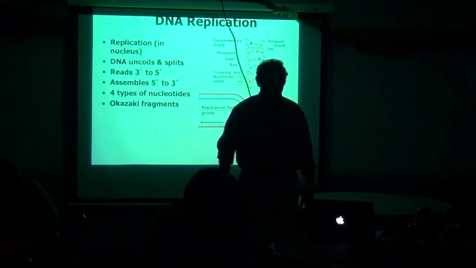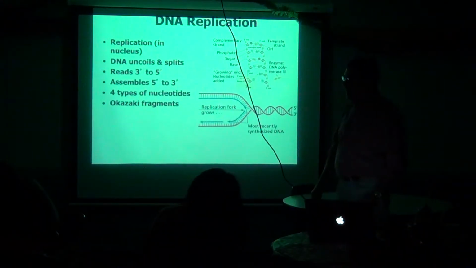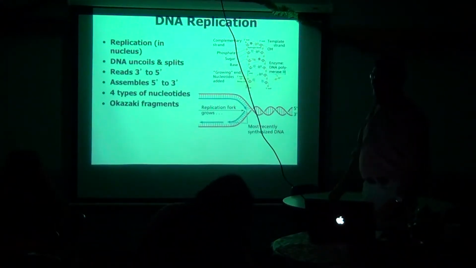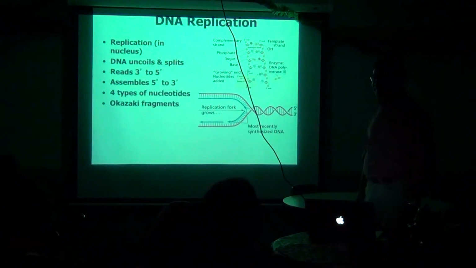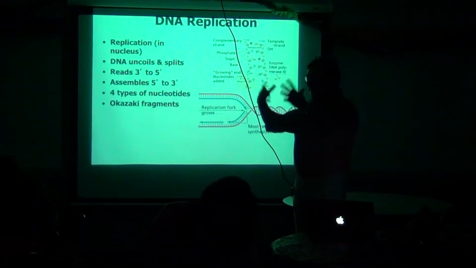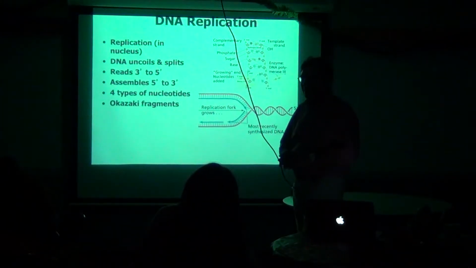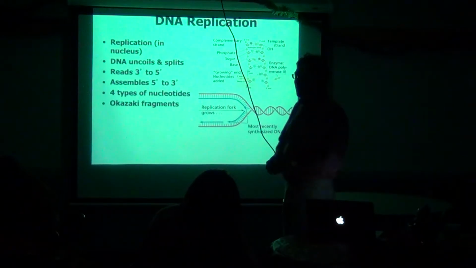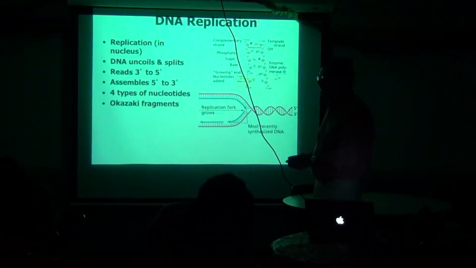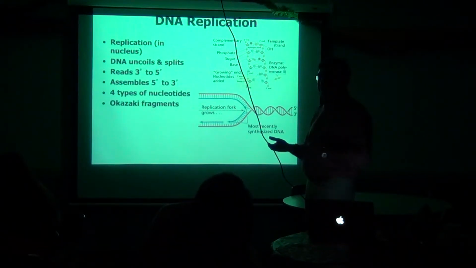Anybody can tell me what is the enzyme that replicates DNA? RNA. No, enzyme. Enzyme is a protein that makes DNA. Another Nobel Prize, this was for Arthur Kornberg. He was the one who isolated this enzyme that makes DNA. It's a very simple name actually: DNA polymerase.